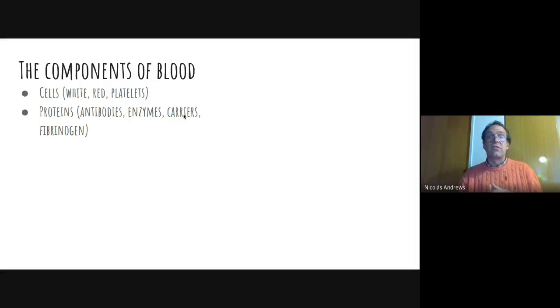Carriers, because there are several substances that are transported in blood which are insoluble in water, and so they need to be transported. A simple image to understand this function could be a basket, okay? Yes, a wooden basket or something like that. That is something that can float, yes, but it could hold something inside, okay?